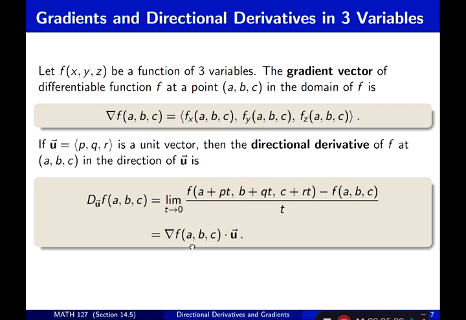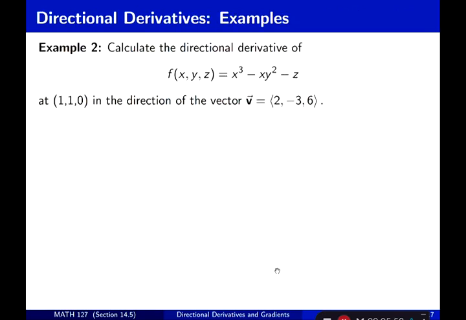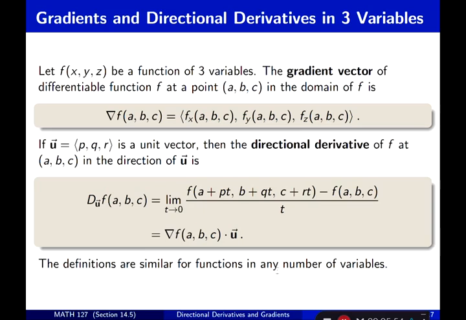Now, you can see that the formula is going to be the gradient of f at (a, b, c) dot u, basically. Again, the definitions are very similar, and this is the formula that you're going to use.